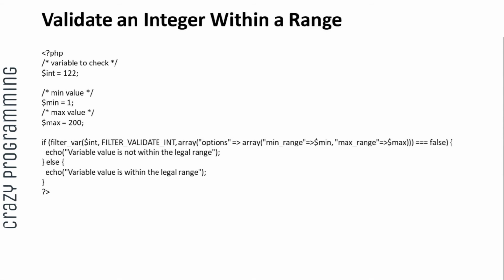And I use the if statement filter_var, and then int, that is 1 to 2, comma FILTER_VALIDATE_INT, comma the array part. The options are array, min_range is min, max_range is max, then triple equals to false.